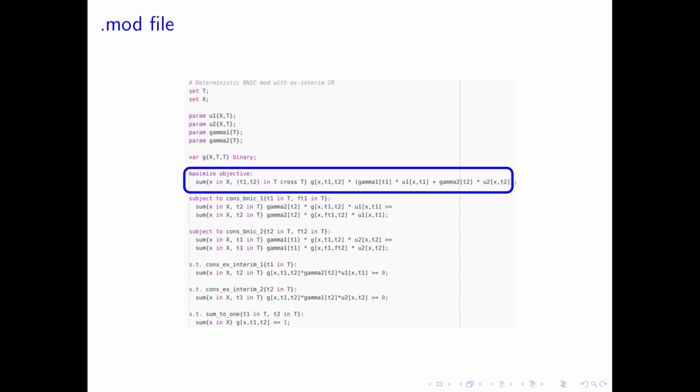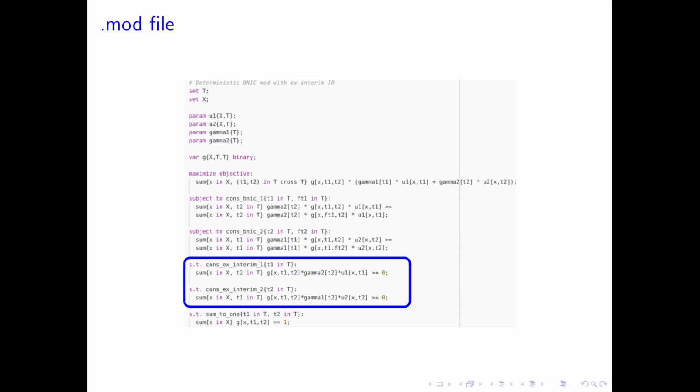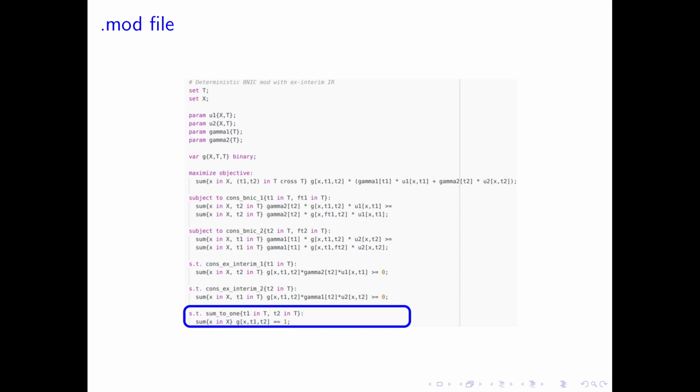Then the objective function maximizes the expected social welfare of the two players. Then we have the first family of constraints, which enforces Bayes-Nash incentive compatibility for the two players. The second family of constraints enforces ex-interim rationality. And finally, we force G to sum to 1 for each pair of reported types.